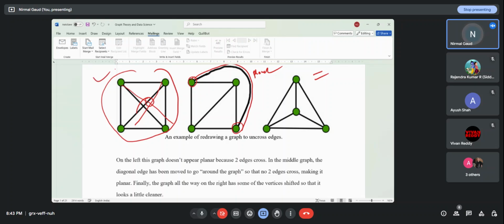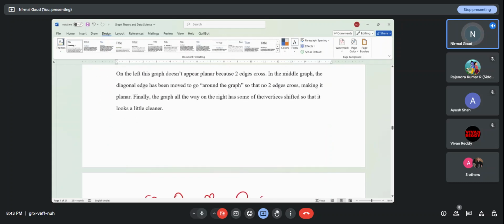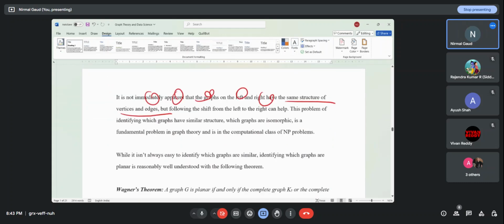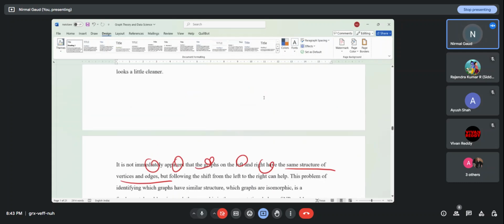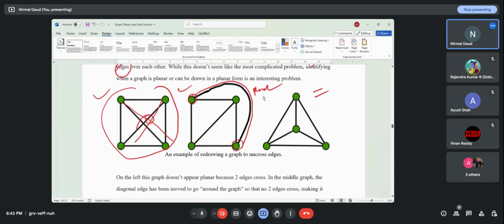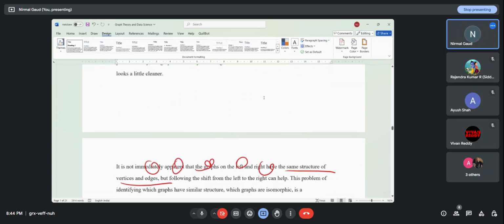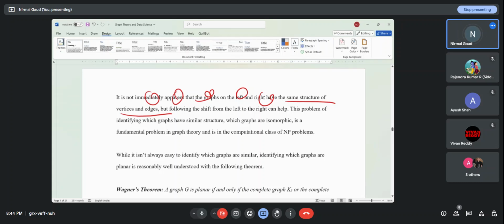If you talk about these two graphs, what do they represent? They have the same structure of vertices and edges. The same number of vertices and the same number of edges, but there is one shift you did.